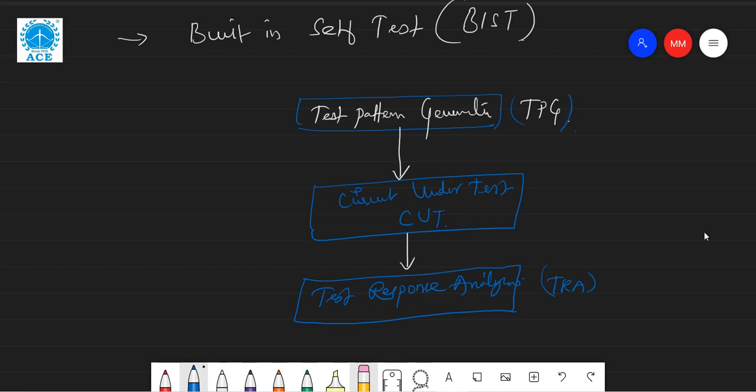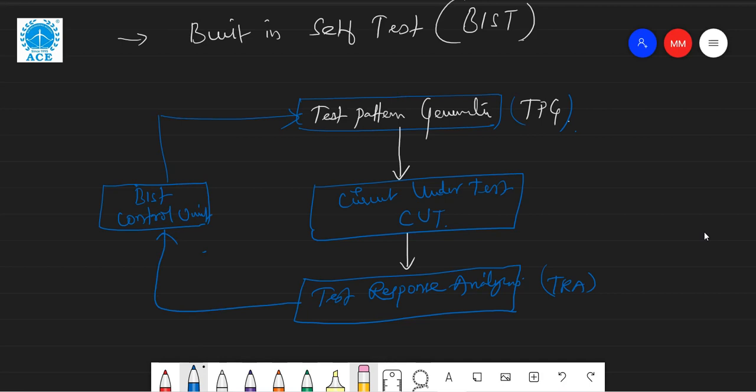Now to control all these, we have a controller. I will write it separately like a block. This I can say is the controller or control unit, connected to both.